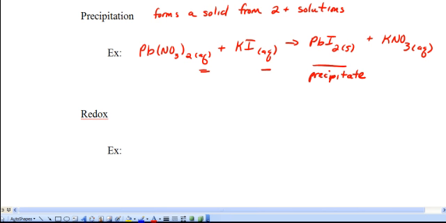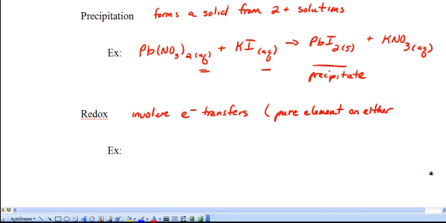Okay, moving on, redox reactions. Redox reactions involve electron transfers. I want to say they're difficult to spot. Actually, the ones that we're going to be giving you are very easy to spot. All you really need to look for is a pure element on either side of the equation.